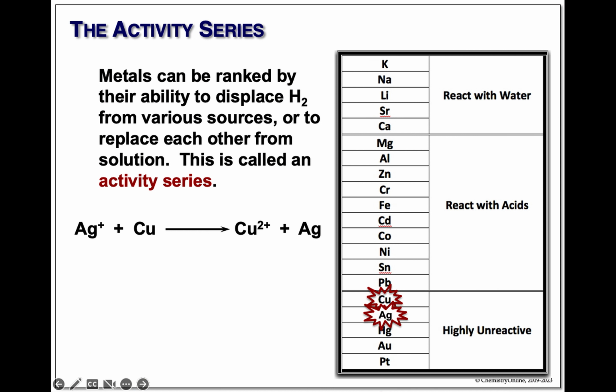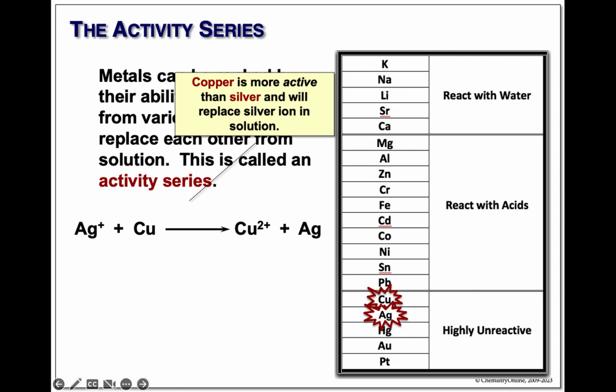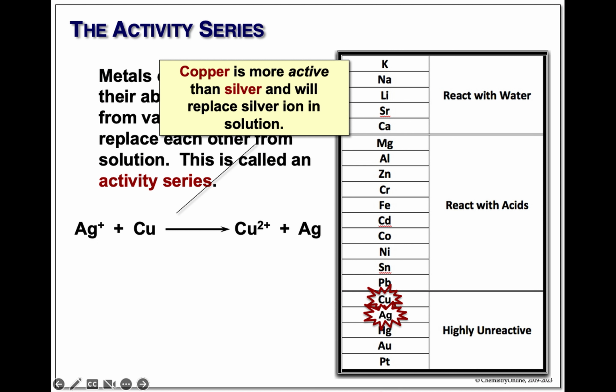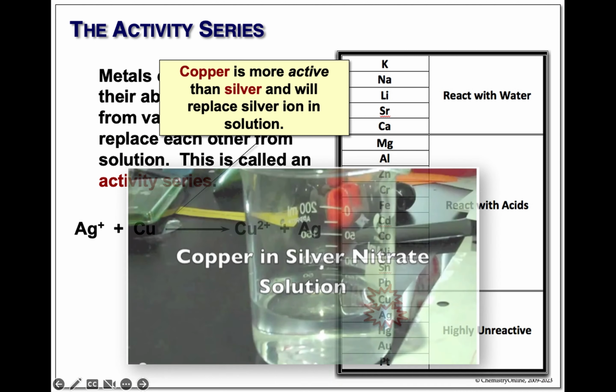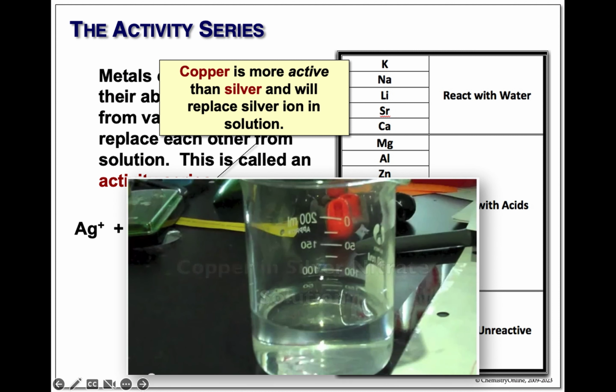The element is above the ion, the reaction will occur. Copper is more active, it will replace silver in solution. We are going to actually do this in lab 7. This is a solution containing copper. I'm sorry.